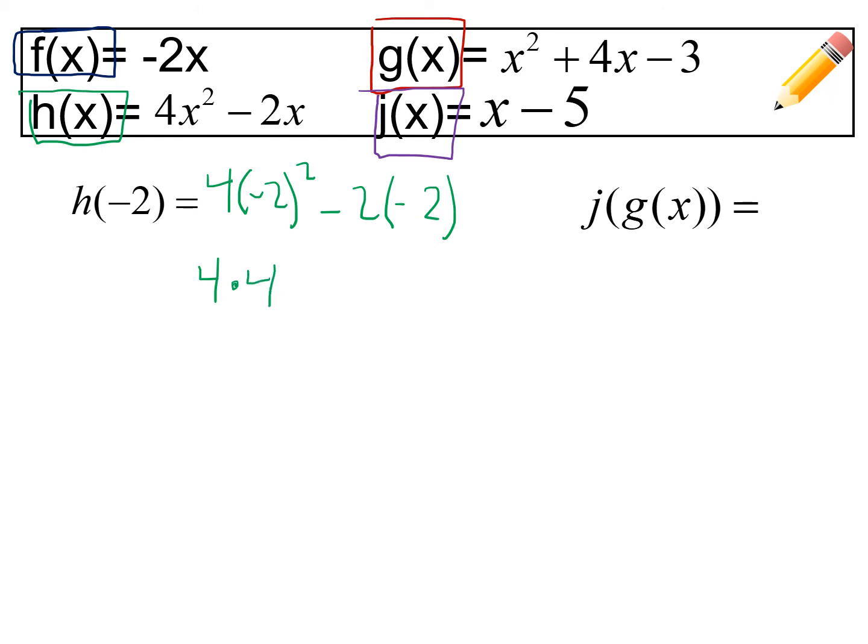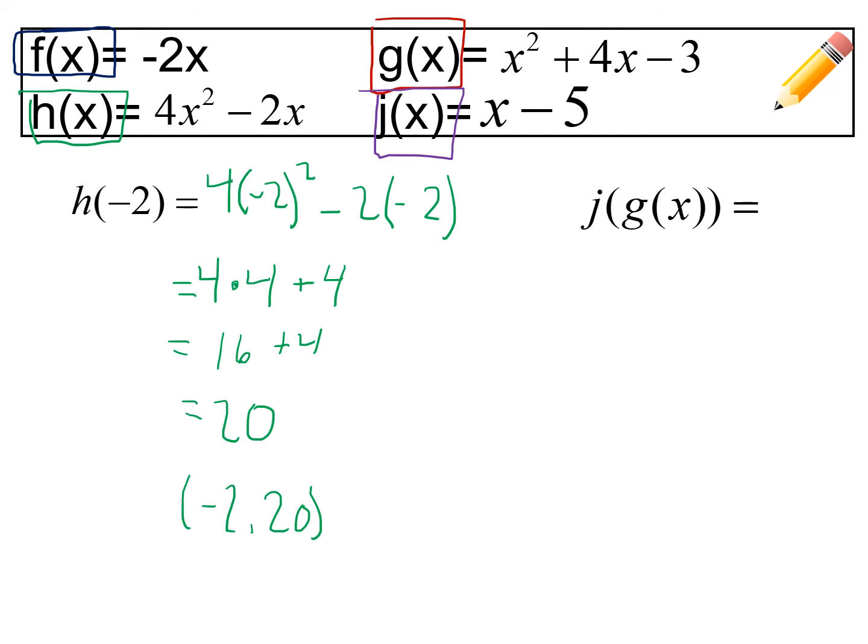And then that second operation, negative 2 times negative 2 would be a positive 4. So we've got 16 plus 4, which gives me 20. So my input was negative 2, and my output is 20.